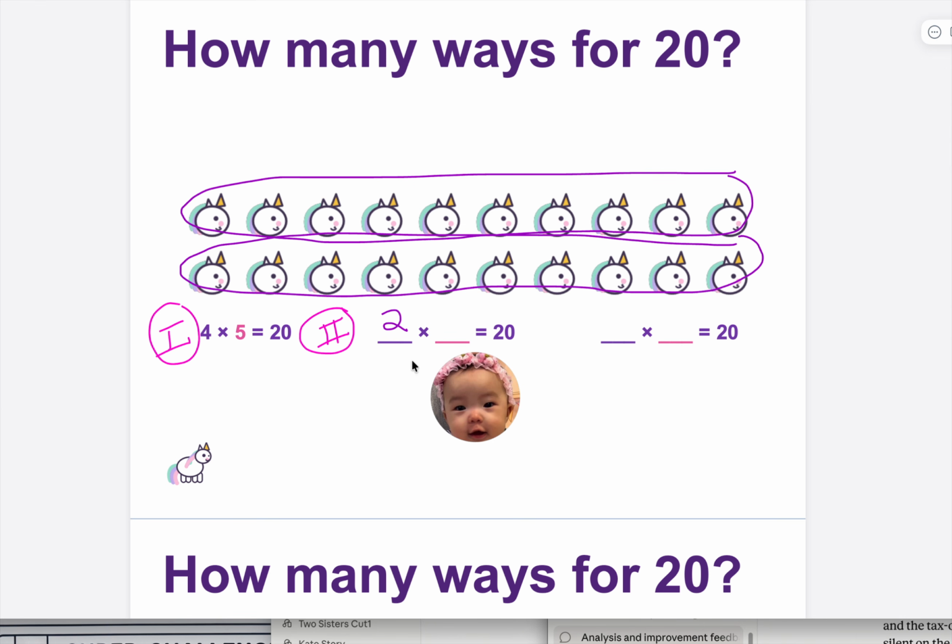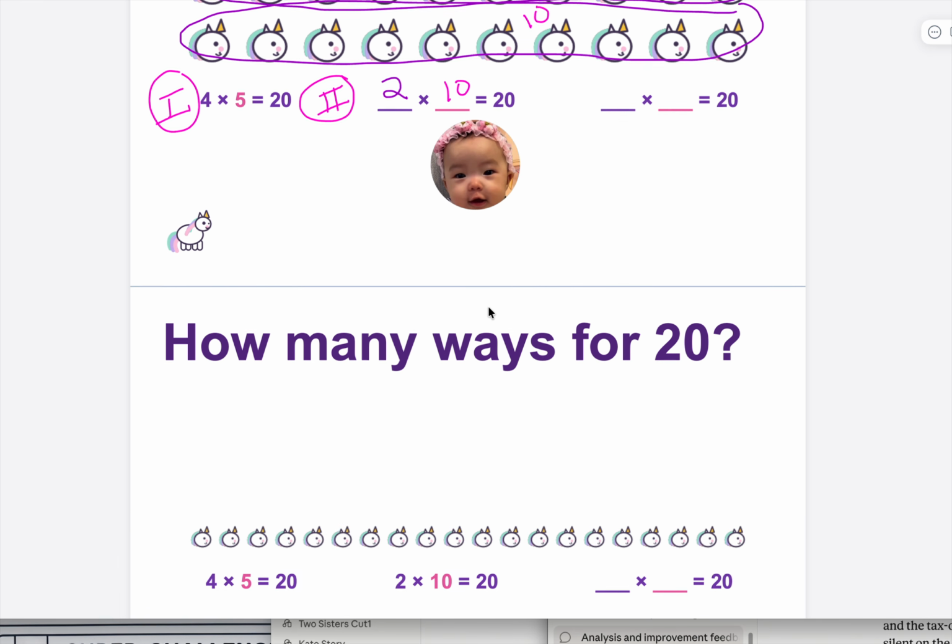And how many unicorns are in each group? That's what Belle's asking you. Well, if you count, that's 1. Okay, let Daddy change the pen. 2, 3, 4, 5, 6, 7, 8, 9, 10. There's 10 little unicorns in each group, in group 1 and in group 2. So 2 times 10, again, we get 20 unicorns.